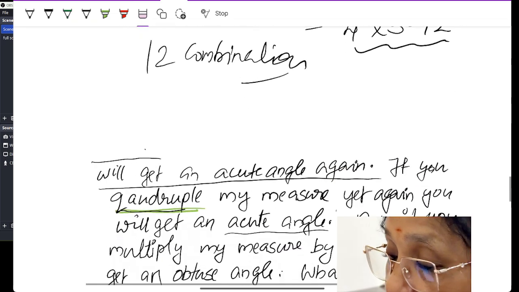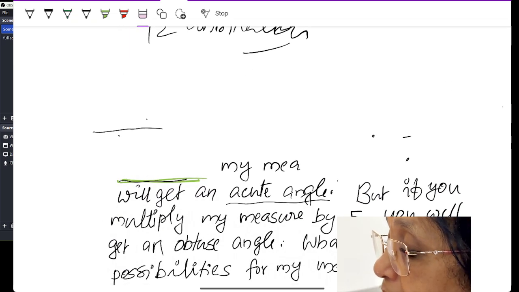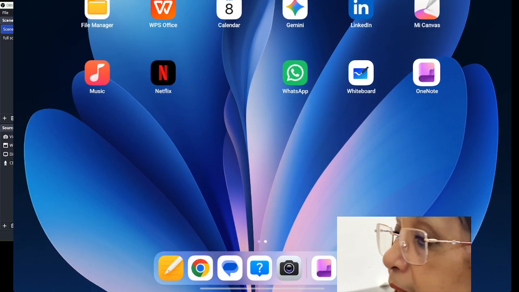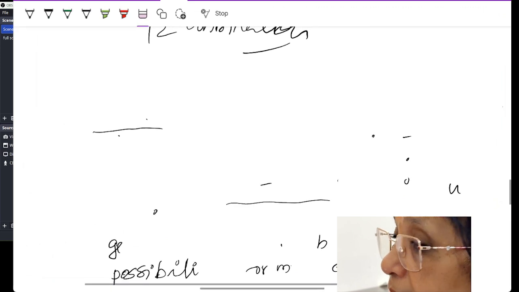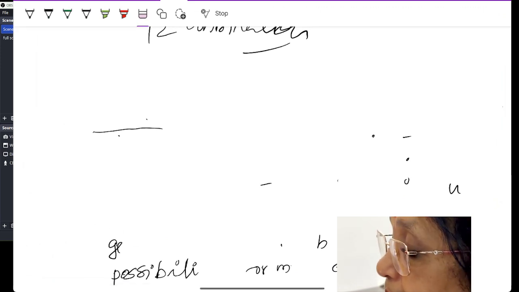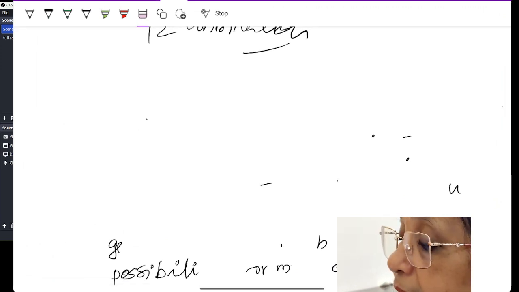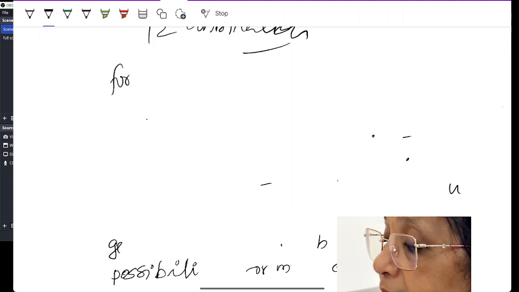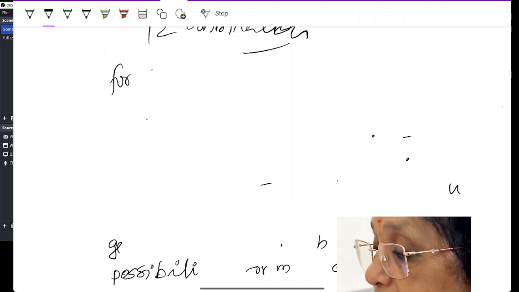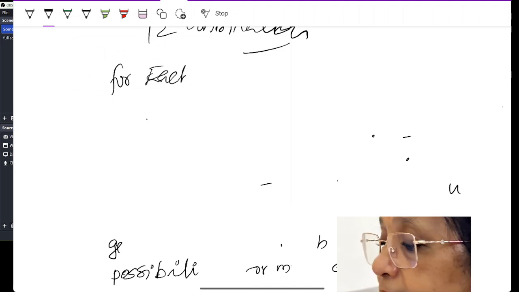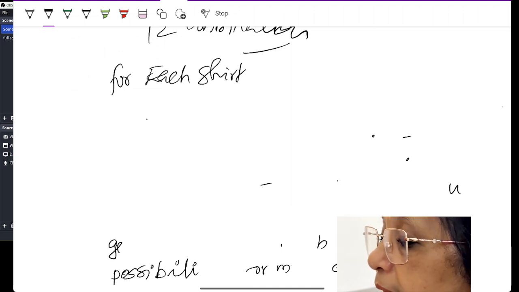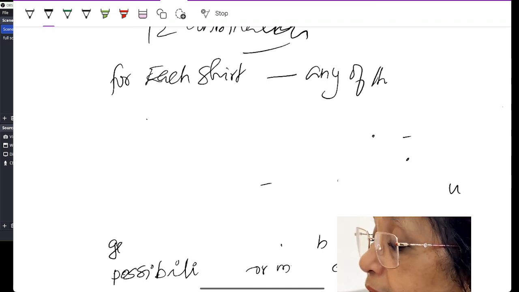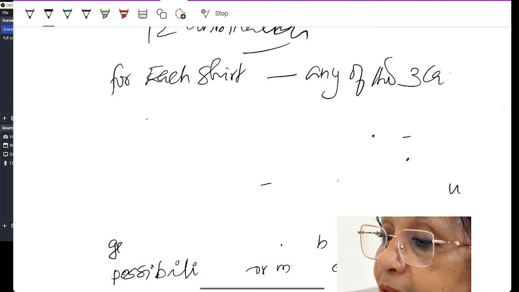Okay, now for each dress, he can take any of the 3 caps.